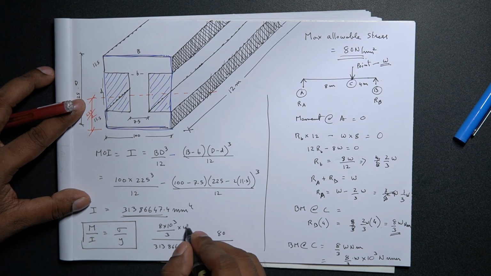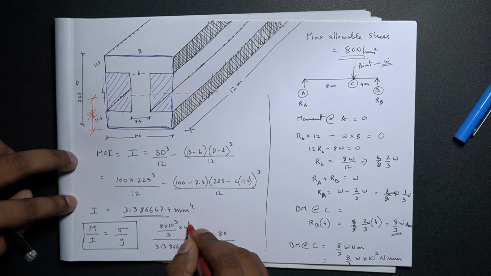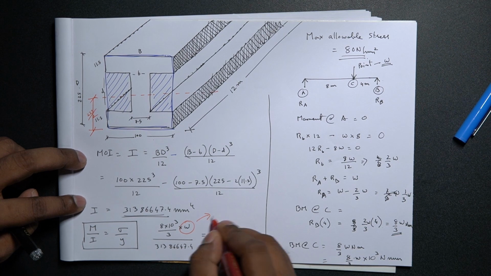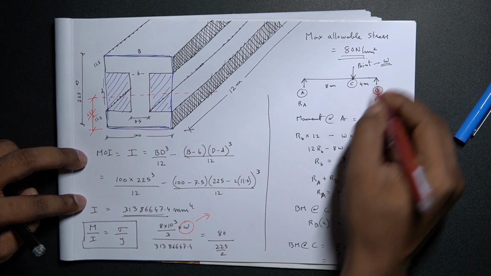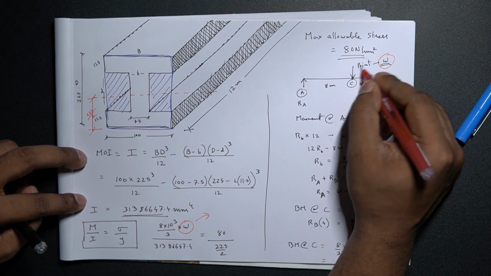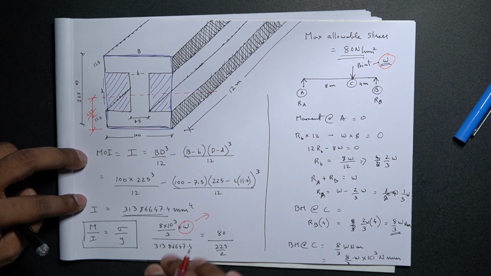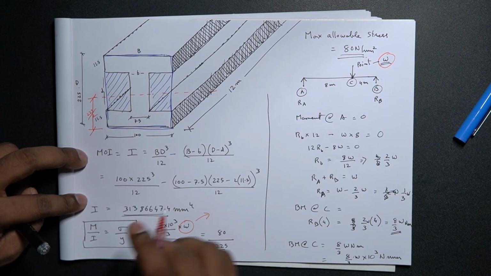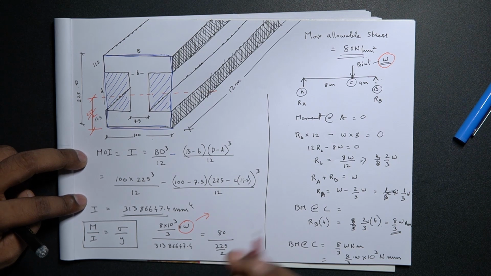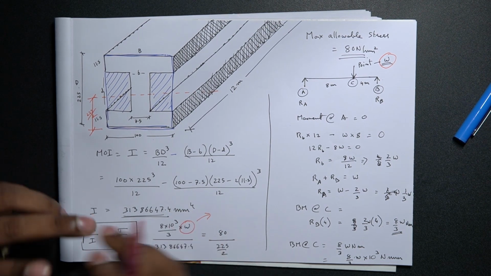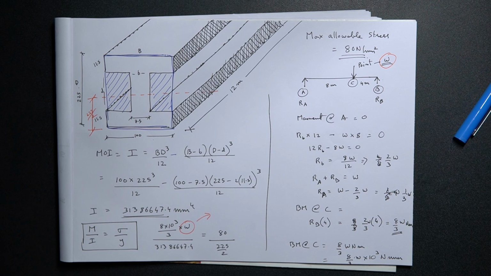Now, solving for W would give me the total allowable load, the total point load that can be allowed for this particular cross section, which is having a maximum allowable stress of 80 Newton per mm square. So, that will be your answer, whatever W we get. We will just quickly calculate that.